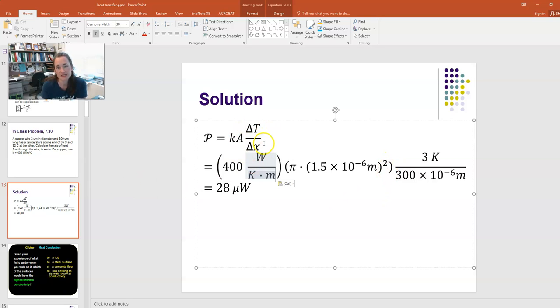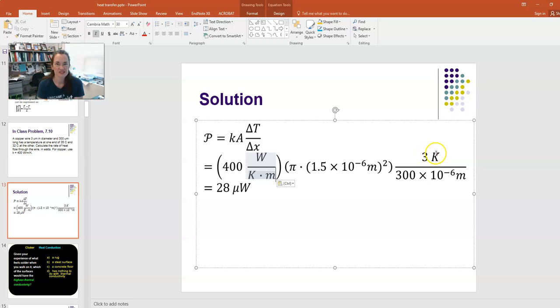Now delta T over delta x is the change in temperature over the length of the wire. It's 35 C on one side and 32 C on the other side. So that would be a change of 3 degrees Celsius from one side to another. Now Celsius and Kelvin have the same degree sizes, right? When you switch, you have a constant offset of 273 Kelvin between one unit system and the other, but the degree markings are the same size.